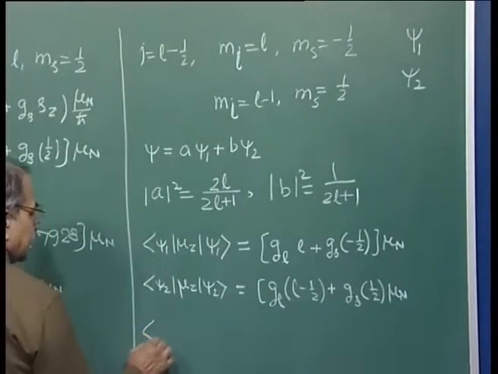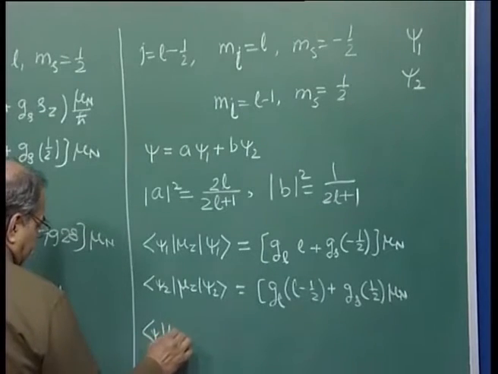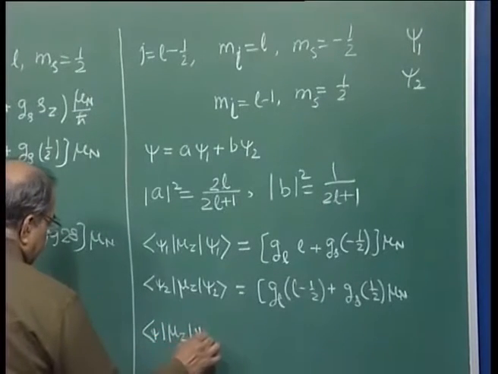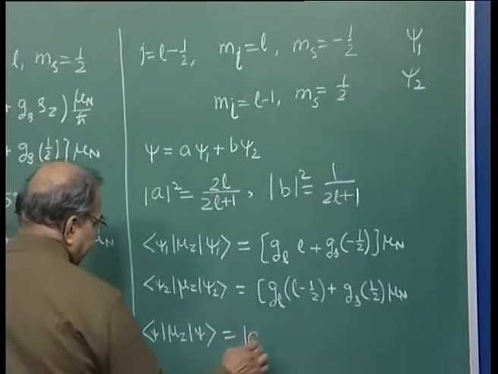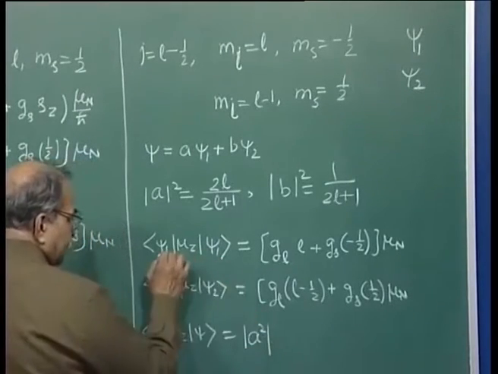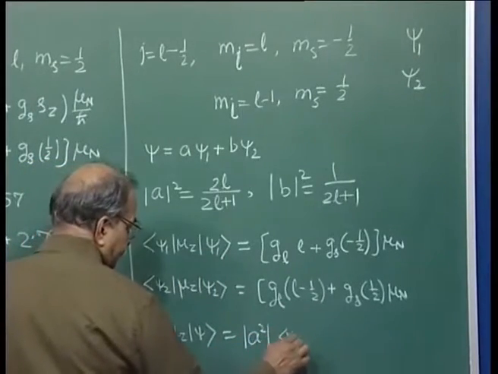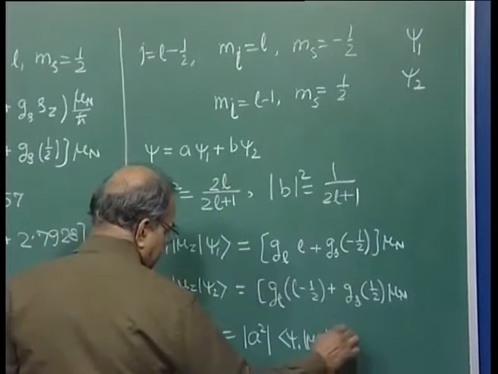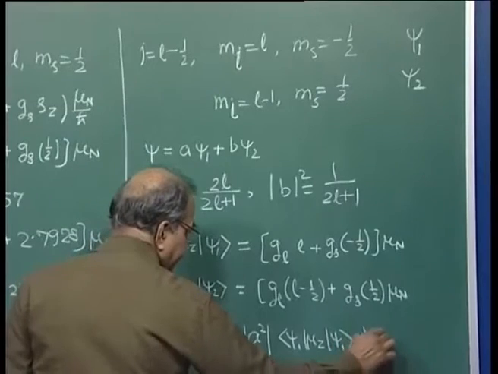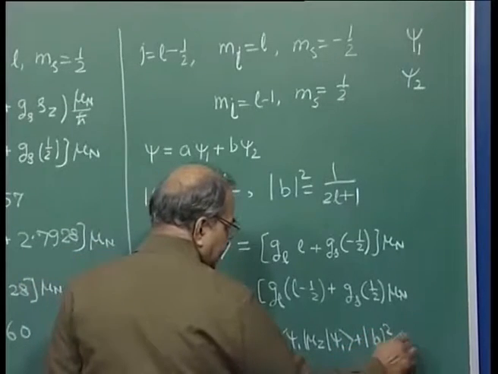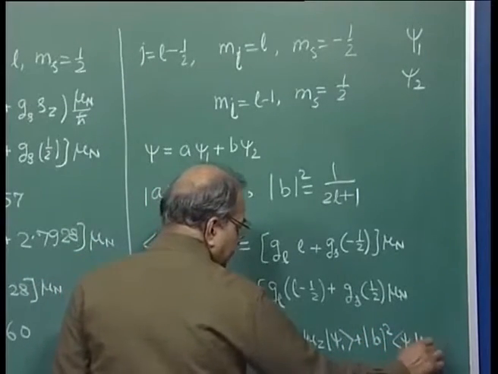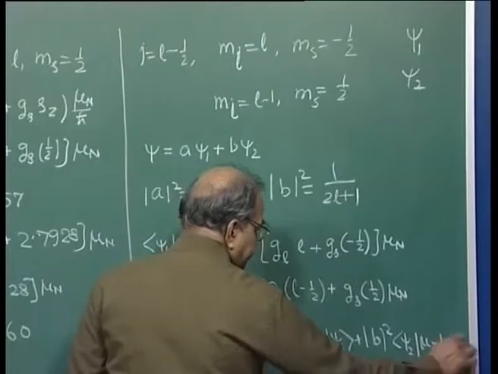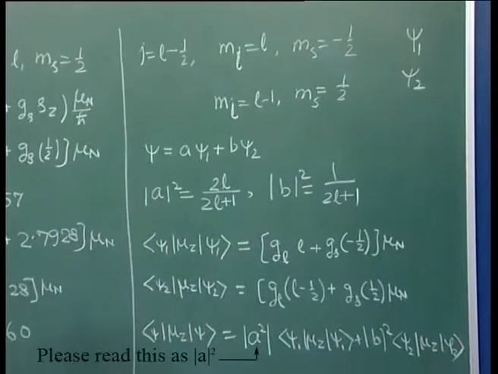And this psi mu z psi will be mod A square times the first one, psi 1 mu z psi 1, and plus mod B square times psi 2 mu z psi 2. All right.